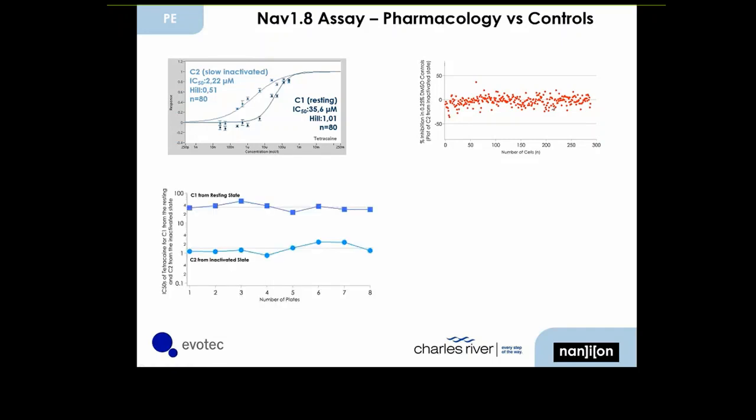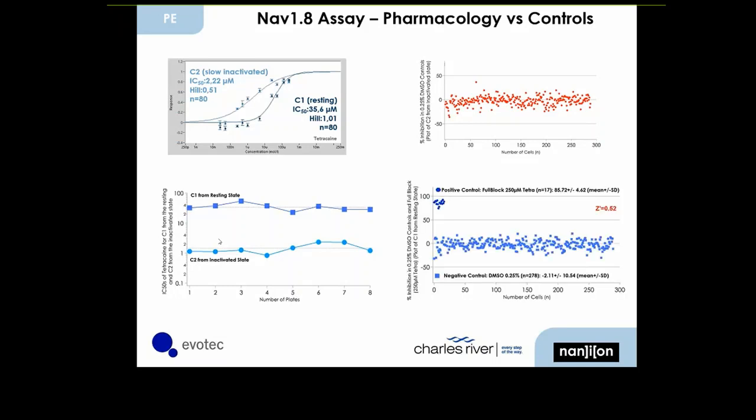And here we repeated, as I mentioned, this experiment for several plates, and we were pleased to see that the IC50s were very stable among several plates. And we could also, from these compound plates, plot Z prime values, where we compared the positive and negative controls.